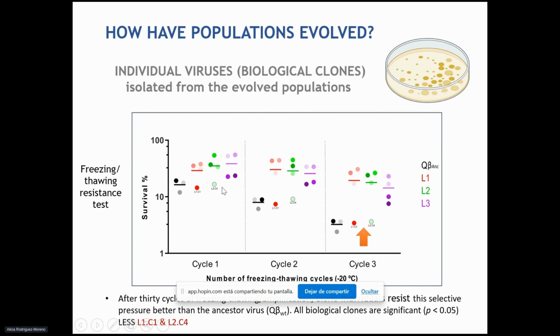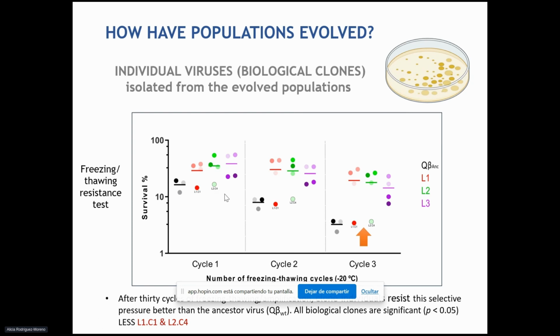Here I show you another freezing-thawing resistance test, but in this case with the different isolated clones and the ancestor in black as a control. In the graph, the horizontal line represents the average of the 4 clones analyzed in each population.